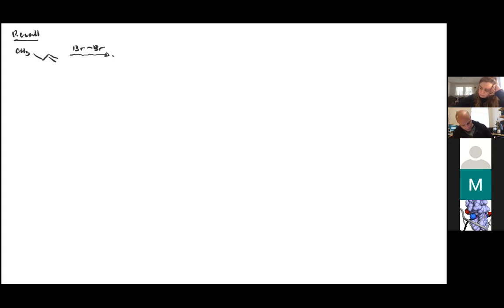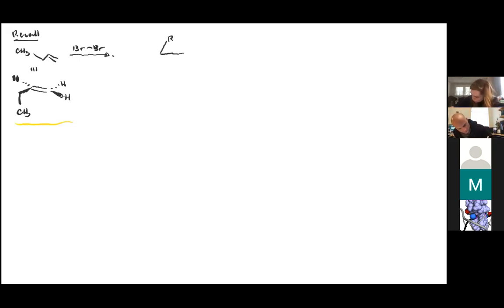Let me redraw this from the side perspective. I'm going to use this perspective today because I think it's a little easier to see what's going on. We said that the two faces of the alkene are equivalent, and so Br plus can add to the top or the bottom, and we can draw those two bromonium ions.